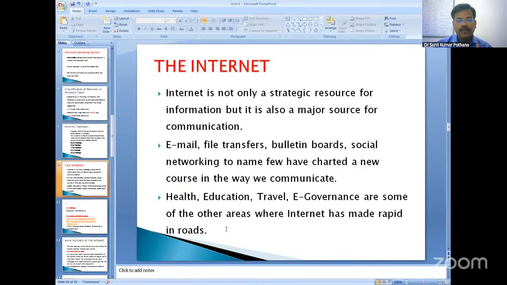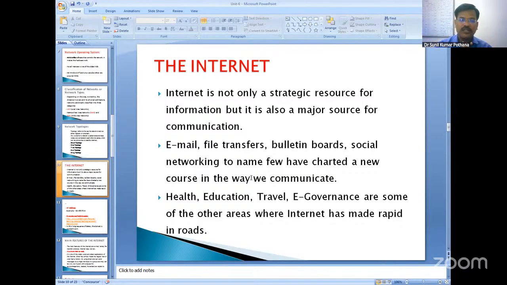Okay. Now coming to the internet, we have already discussed it in our previous classes and a little bit earlier. The internet is one of the most important innovations of modern times.